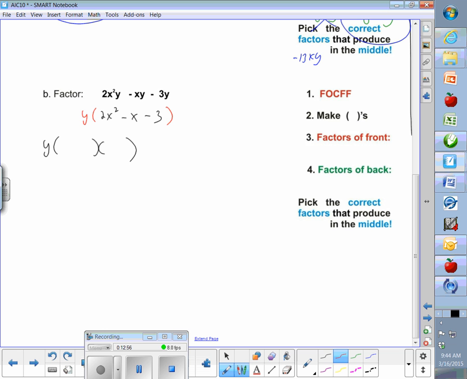Once I get to step 3, though, I'm going to say, oh, let's see, factors of the front. All right, this one, 2x and x, there's only one possibility. So we don't need a second set of parentheses on this one because the front number's a 2, and a 2 is only going to be a 2 and a 1. If it were something else, that might have 2 possibilities, yes, but this one only has 1. All right, so that's what I'm working off of. Back factors.